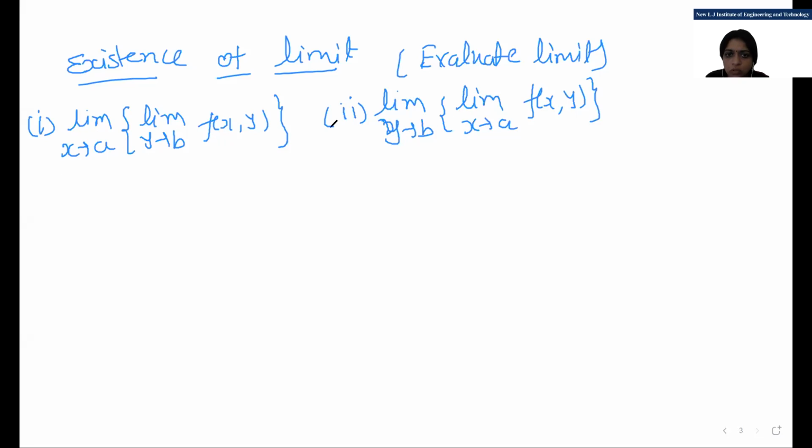If both answer 1 and answer 2 are same, then the limit exists.